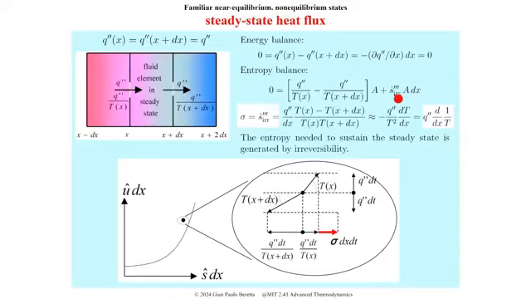So here I'm denoting this lowercase s with a triple prime as the entropy generated by irreversibility per unit volume. And the dot is the rate. So we already give a special symbol for that.